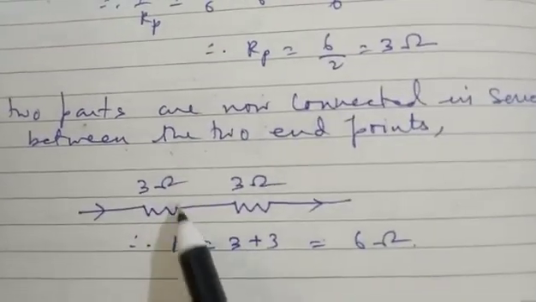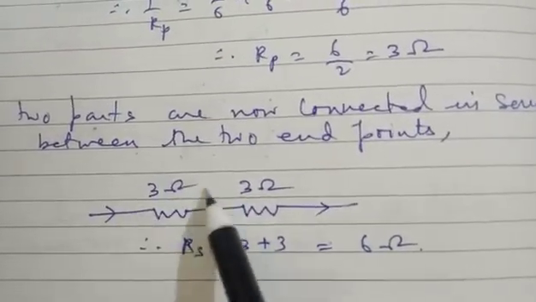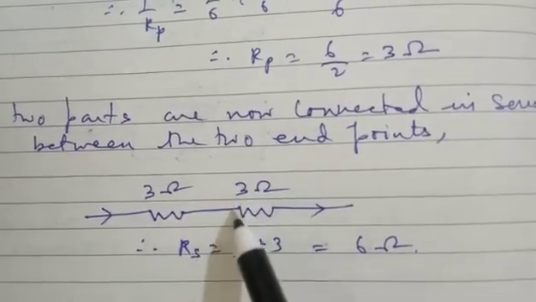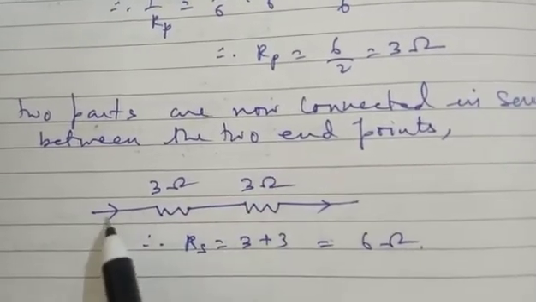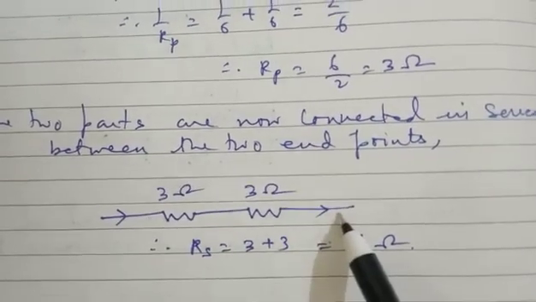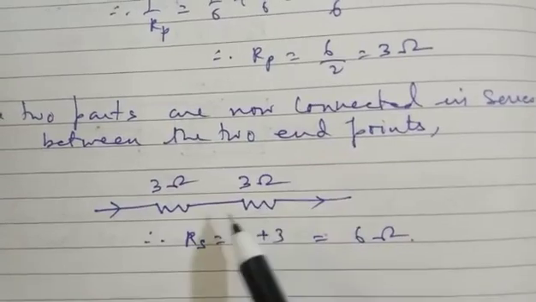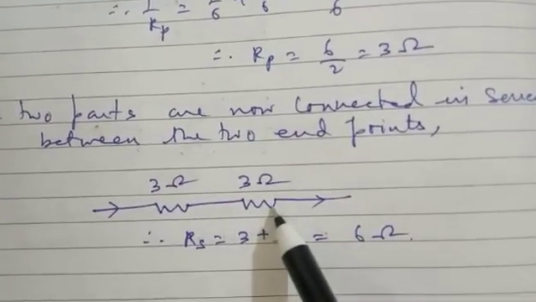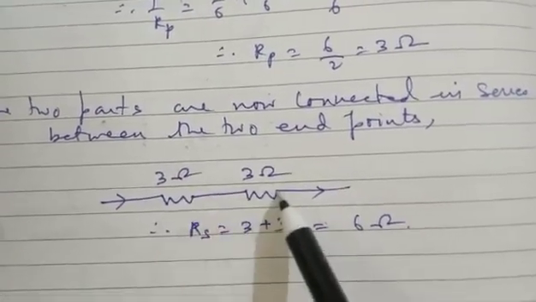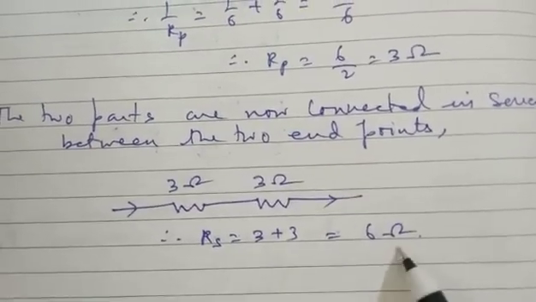That means the first part is going to give me 3 ohm, the second part is going to give me 3 ohm, and as the same current is passing through both of them, these two are connected in series. Now as they are connected in series, we will get the total resistance by adding their values, that is coming to be 6 ohm.